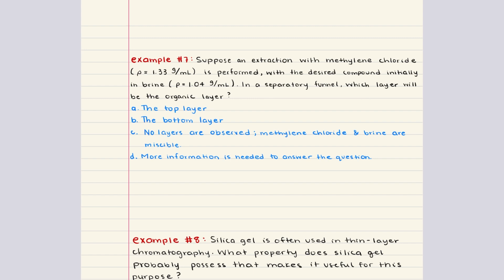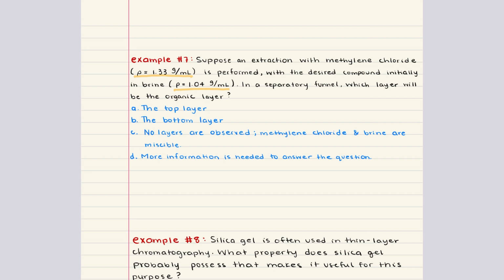And in this problem, we're given the density of methylene chloride, 1.33 grams per milliliter, and we're also given the density of brine, 1.04 grams per milliliter. The key thing to remember is that in a separatory funnel, the denser solvent always settles on the bottom, and the less dense solvent floats on top.